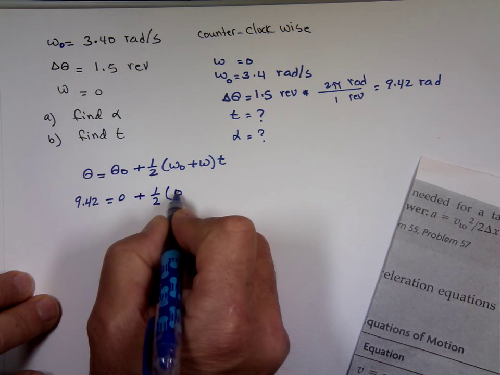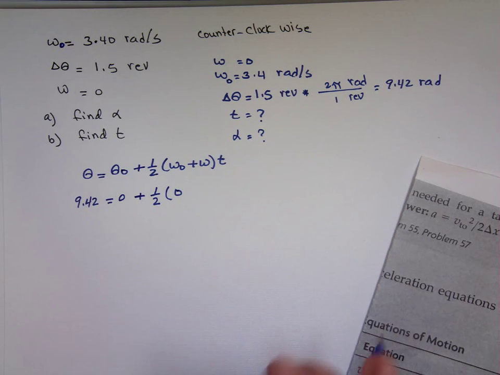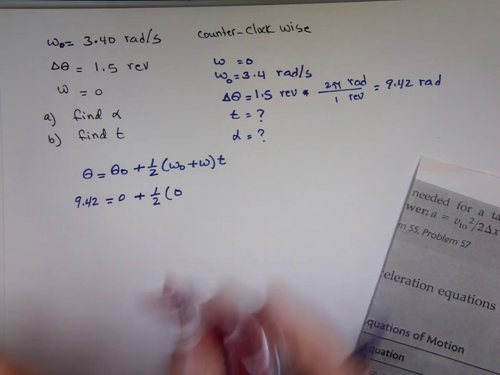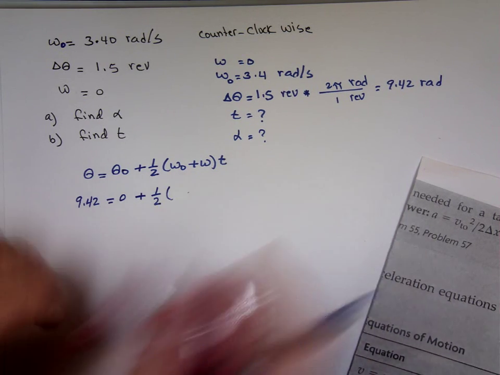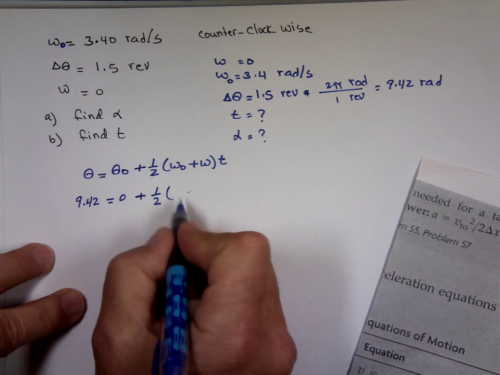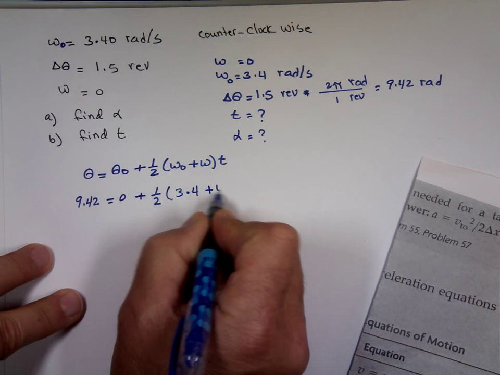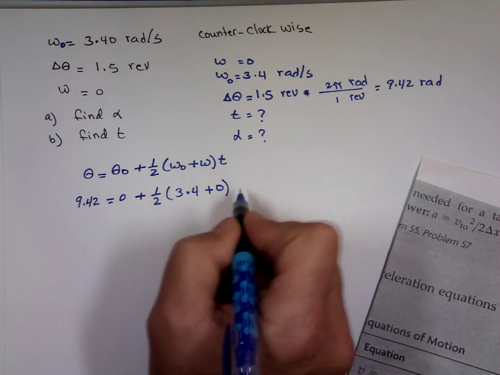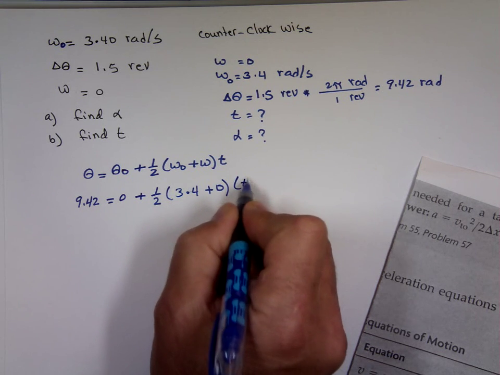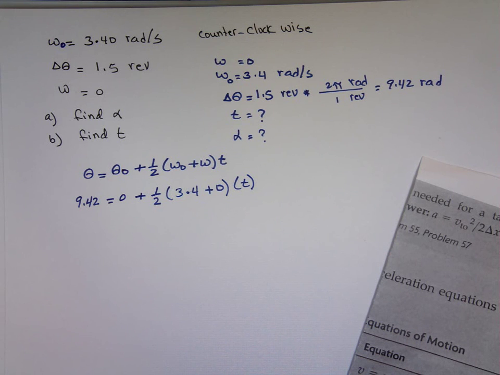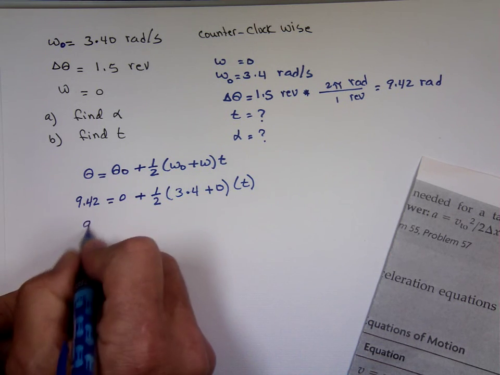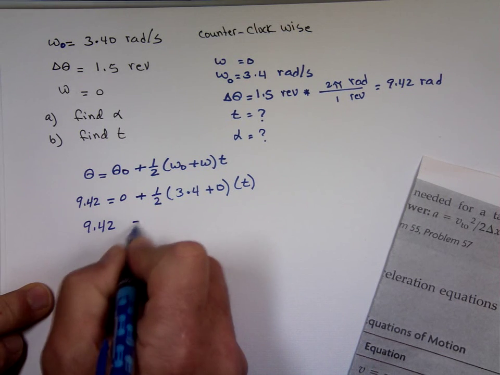Well, it doesn't matter which one. 3.4 plus 0, or 0 plus 3.4, but if you want to put each one under their value, write 3.4 plus 0) times t, which is unknown. Can you solve for t? Yeah. 9.42 equals what? 1.7 t.